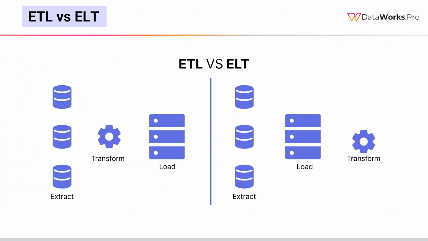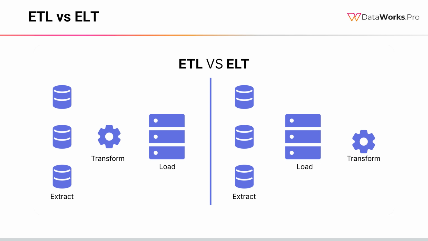What is ETL and ELT? ETL and ELT are two different ways of handling the data. What do you mean by ETL? It means extract, transform, and load, where we first clean the data and then store it, like correcting the student names before saving them in the database.